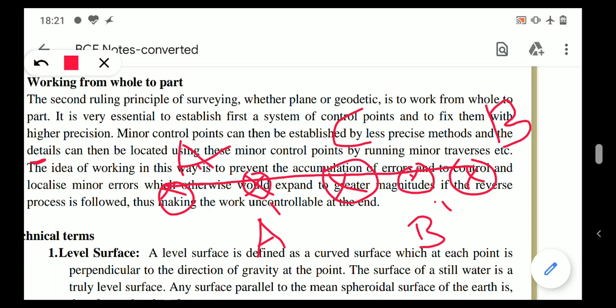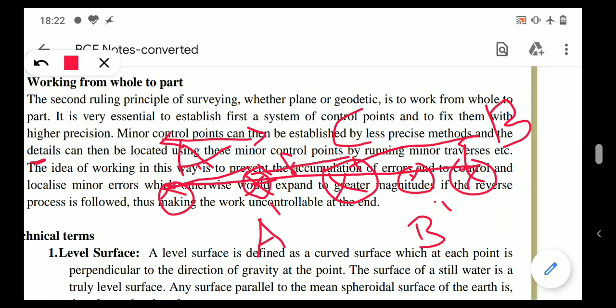So when we have located the major control points A, C, B, then we locate minor control points A dash and B dash. When we measure this distance with the help of a tape, if there is any correction, let it be del, this correction will be accumulated at the far end.